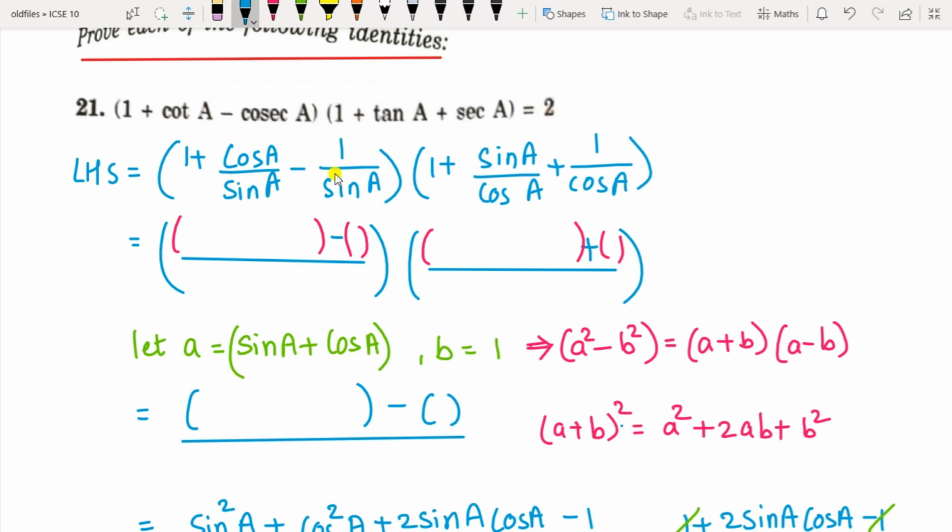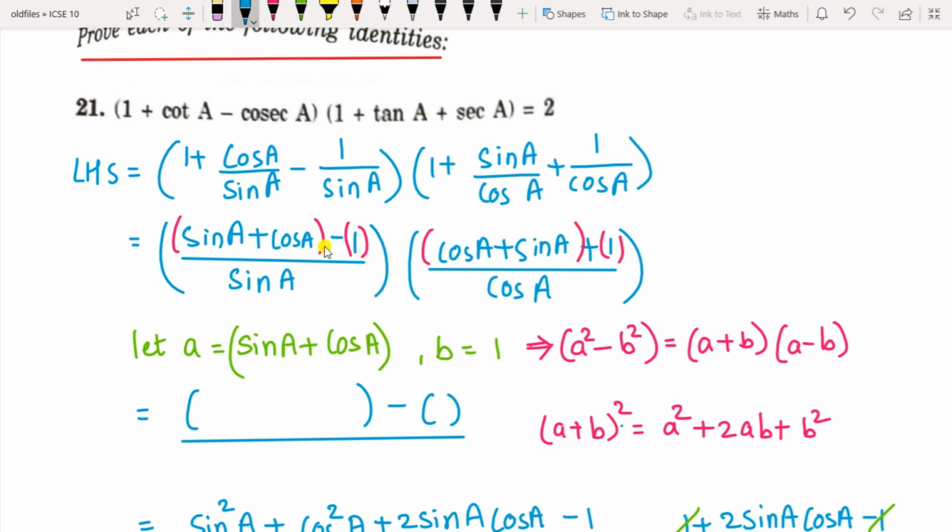So now this becomes your first bracket. Here the denominator is sin a common, take the LCM of sin a. So it will be sin a, and multiplying each term with sin a, it will be sin a plus cos a, and here sin a will get cancelled, so it will be 1. Similarly in this case the denominator is cos a, so take the LCM of cos a, it will be cos a plus sin a, and plus 1.